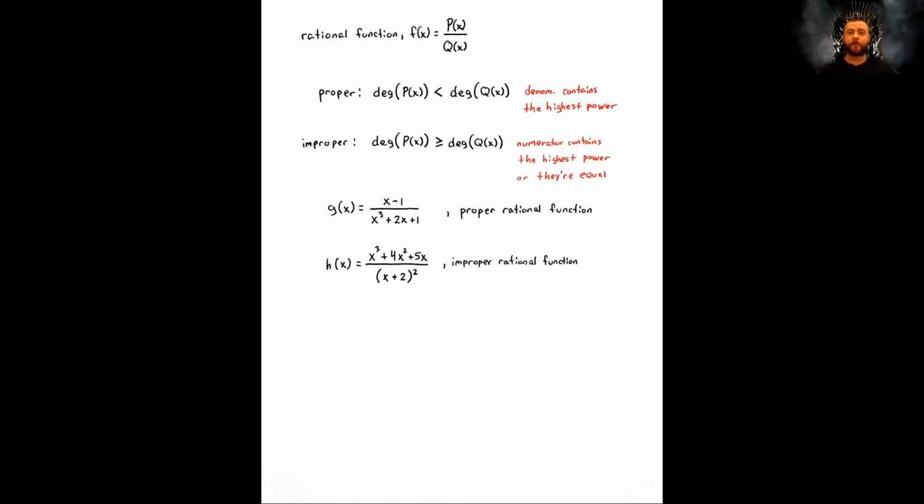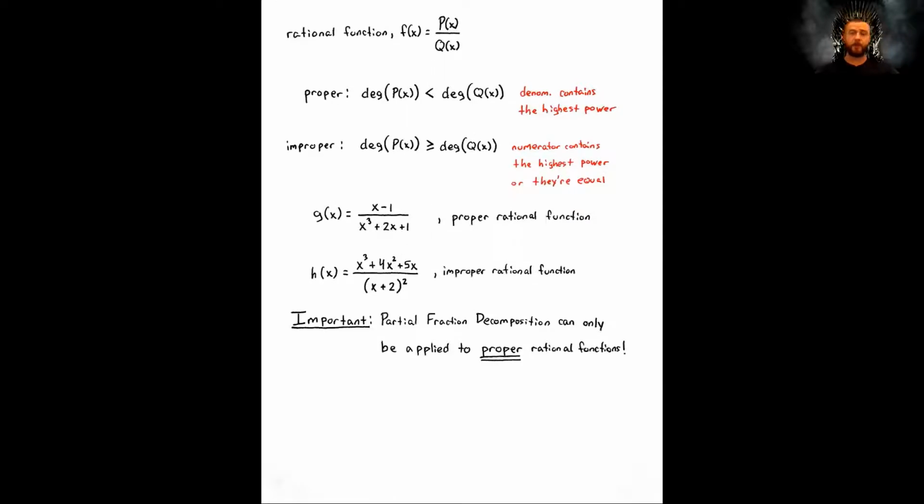Why are we bringing up proper versus improper rational functions? Well, I have to make you aware, pretty much everything we're going to learn about partial fraction decomposition, which we haven't gotten into yet, can only be applied to proper rational functions.